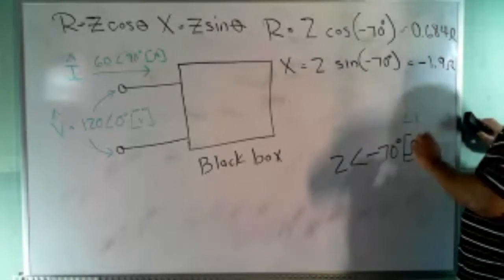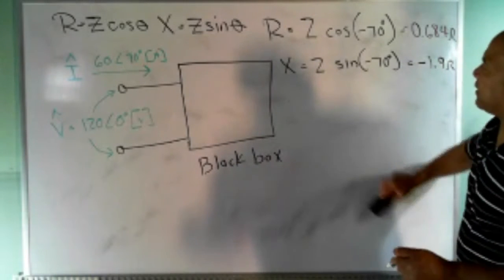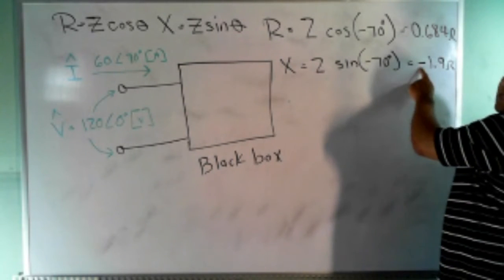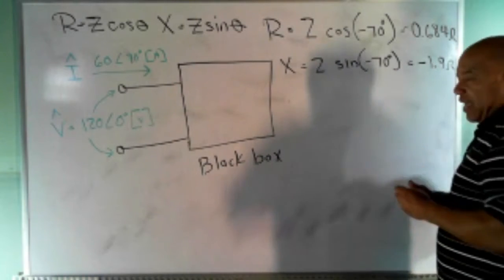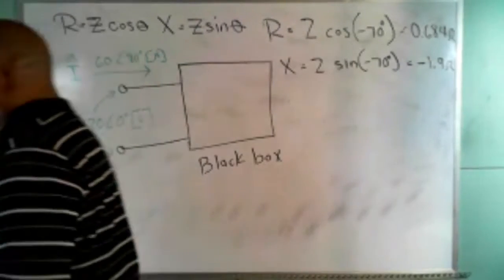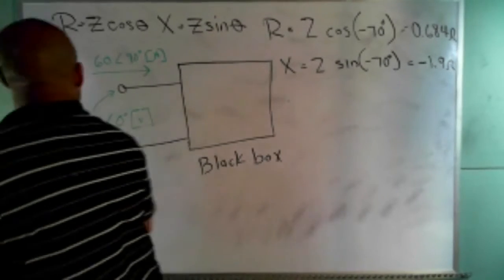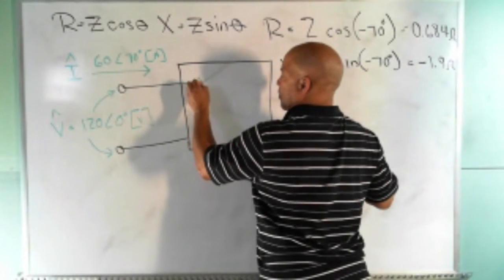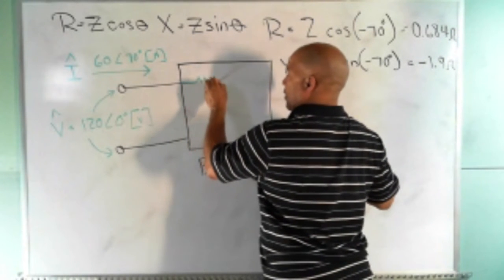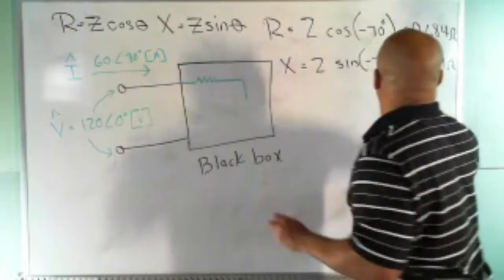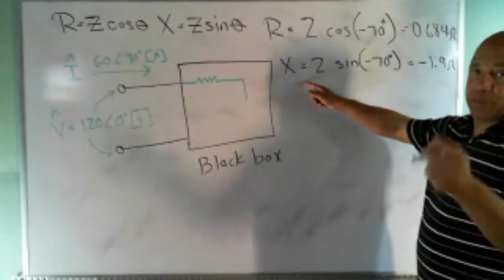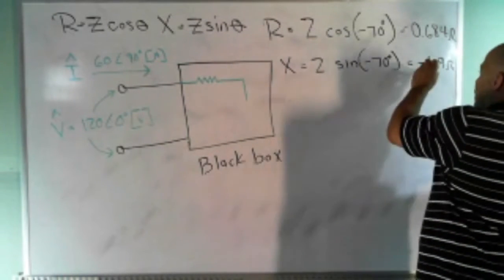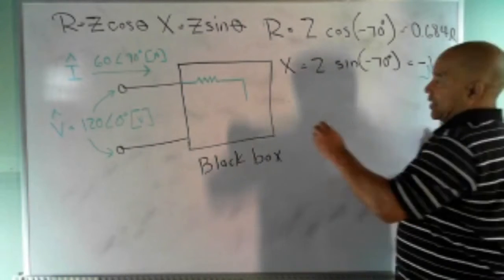Okay. So the fact that this X is negative means that here's what I have in the box. I got a resistor. And the fact that that's negative, remember for the j, you have to supply the j. That's really a negative j, meaning that this has to be a capacitor.